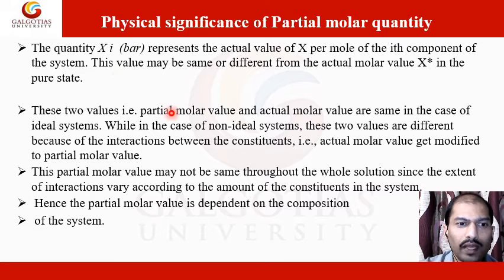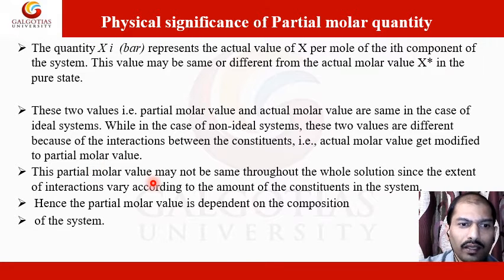These two values, the partial molar value and the actual molar value, are the same in the case of an ideal system. In the case of a non-ideal system, these two values are different because of the interaction between the constituents, so the actual molar values get modified to partial molar values.